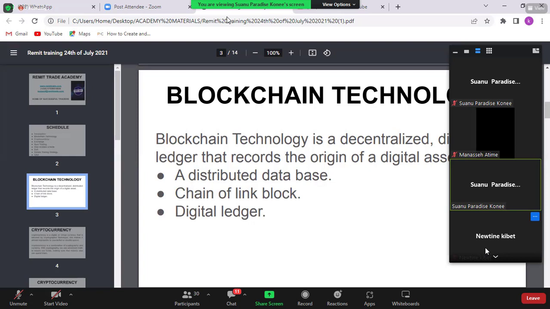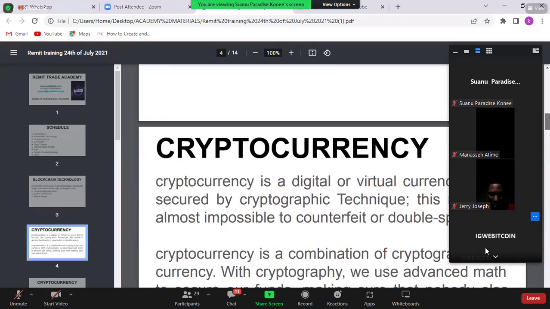Can you get that very correctly? That is why it's called blockchain technology. So it is a distributed database connected by a chain, right? Now, that is what blockchain technology is.